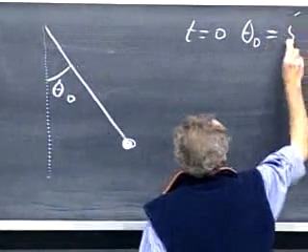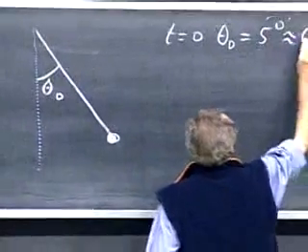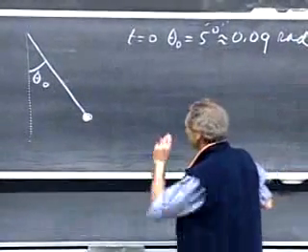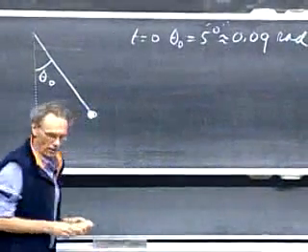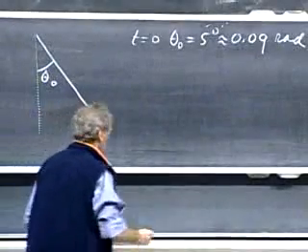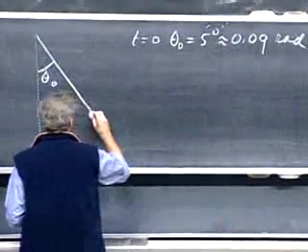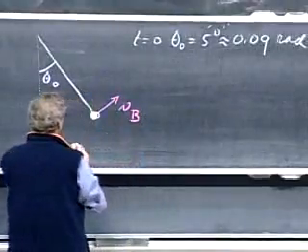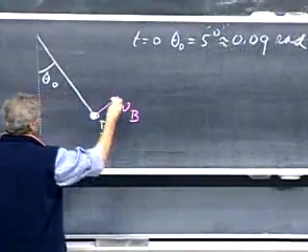It's 5 degrees, which is approximately 0.09 radians. At that time t equals 0, I give this pendulum a tangential speed. I call it vB, because I call this point B. It's going to arc.